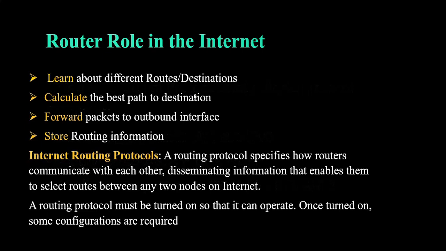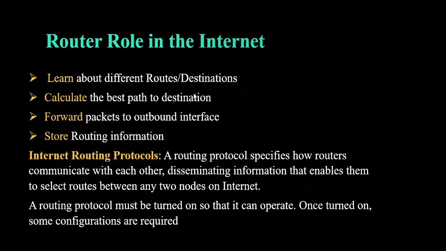Internet routing protocols. A routing protocol specifies how routers communicate with each other and disseminate information that enables them to select routes between any two nodes on the internet. A routing protocol must be turned on so that it can operate.